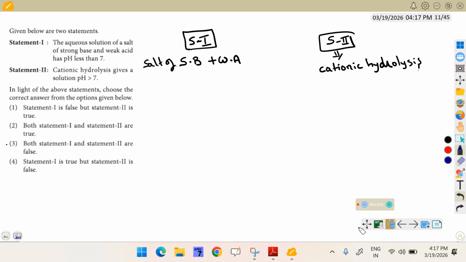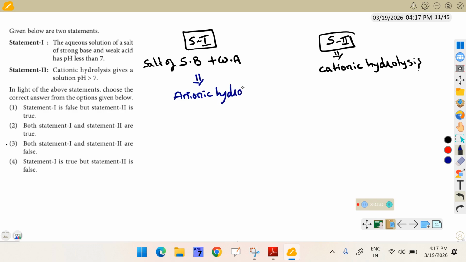Statement 1. The aqueous solution of a salt of strong base and weak acid has pH less than 7. Statement 1. Salt of strong base plus weak acid. Base is strong, so this is considered as anionic hydrolysis.